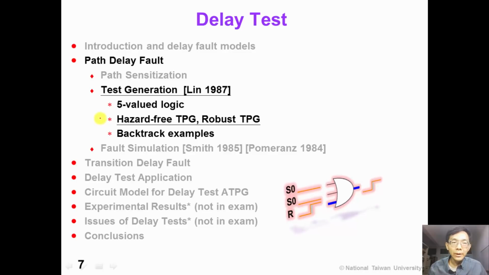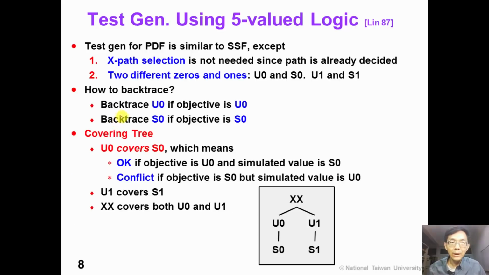Now we can use 5-value logic to generate hazard-free and robust test patterns. A 5-value test pattern generation was proposed by Lin in 1987. Actually, generating a test pattern for a path delay fault is similar to test generation for a single stuck-at fault, except there are two differences.